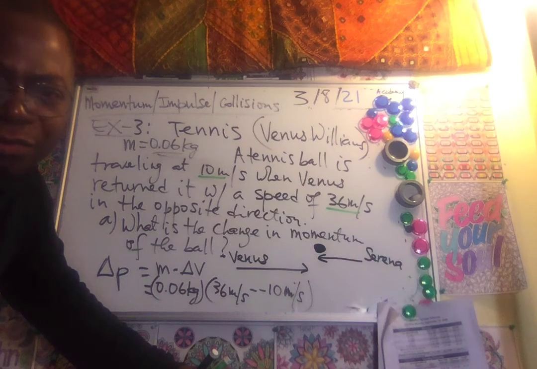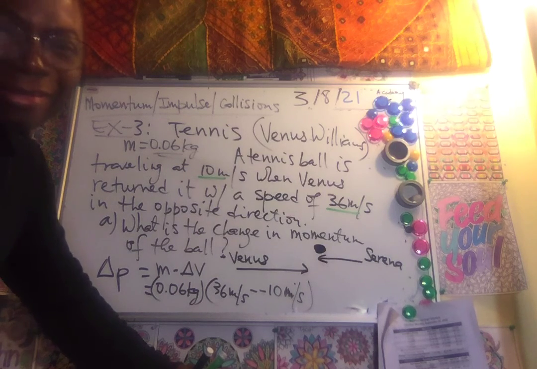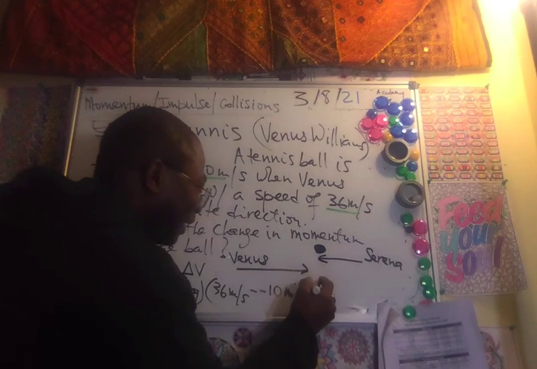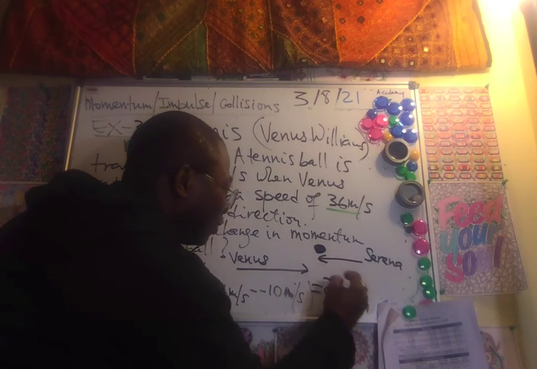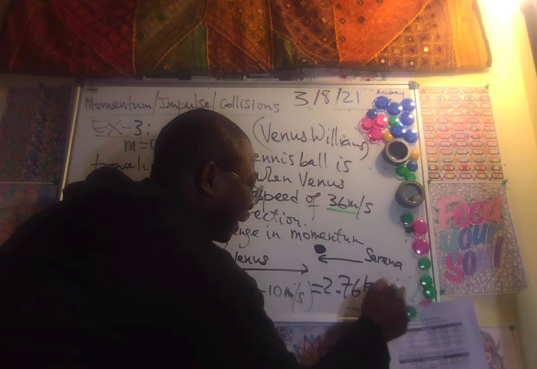Can you double check for me? Somebody give me the unit. What's the unit for momentum? Kilogram meter per second. Thank you, Dianara. So 2.76 kilogram meter per second. Good job, guys.